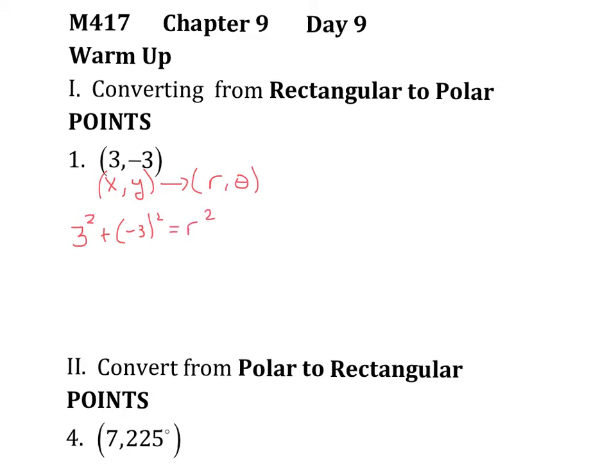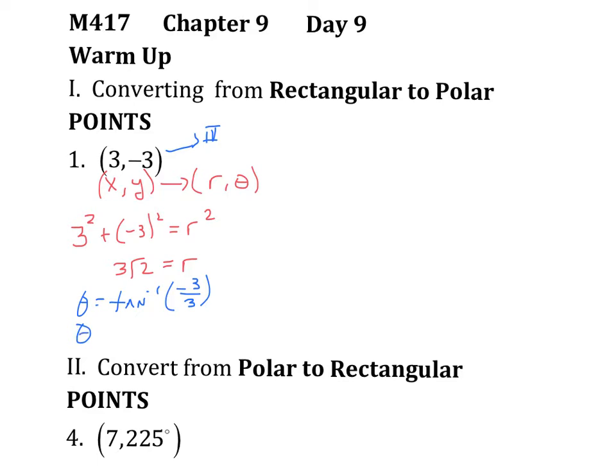You've got one side that's 3, the other side that's 3. You're clearly 3 root 2. So there's your r value. And the quadrant that this is in is the 4th quadrant because of the positive x, negative y. Then your theta is always the inverse tangent of y over x, or -1, but you know it's a 45, 45, 90 because of the 3 root 2 relationship.